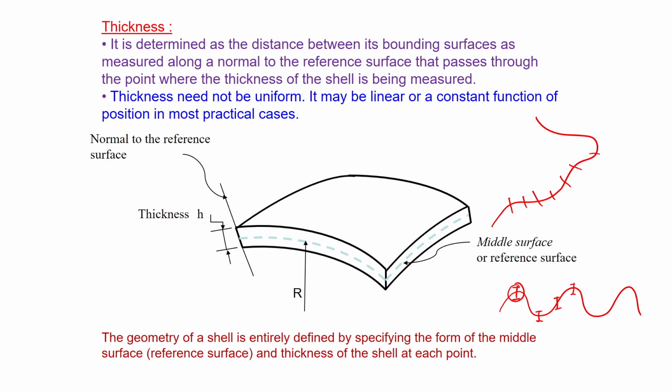The geometry of a shell is entirely defined by the middle surface and the thickness of the shell at each point. We have to clearly define how the thickness changes, whether it is uniform, changing, or a constant function. It may be the same or it may not be.